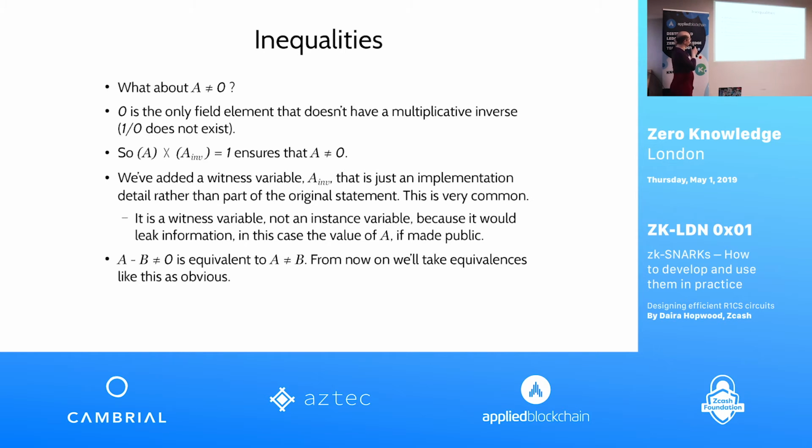What about if they're unequal, or not equal to 0? So, use the fact that 0 is the only field element that doesn't have an inverse. So if we can show an inverse here, an inverse of A, then we know that A is not 0.